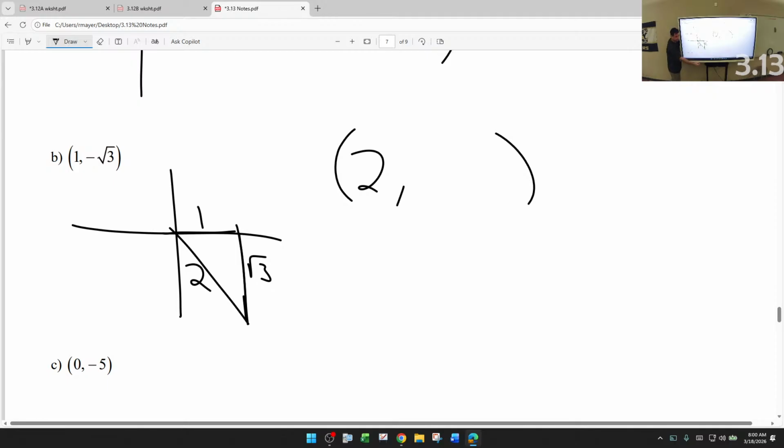So if root 3 is bigger than root 1, or you could do sine over cosine, or, if I wanted cosine, it's this over this. Oh, 1/2. Sine is this over this. Oh, root 3 over 2. So when this is 1/2 and this is root 3 over 2, this angle is one of two things.